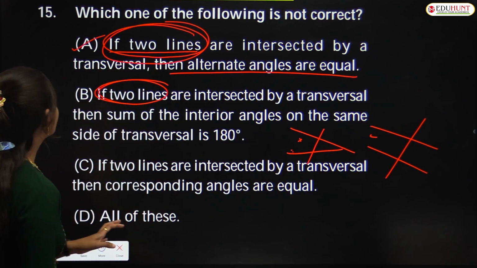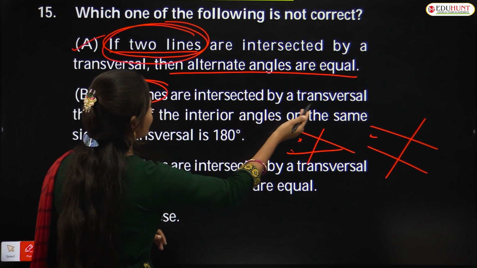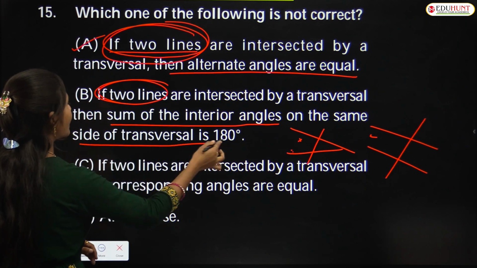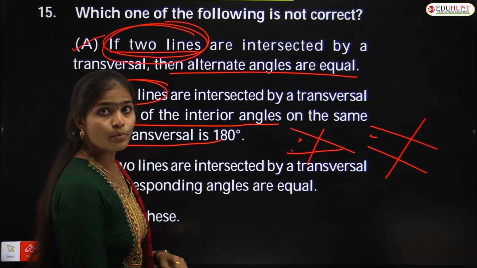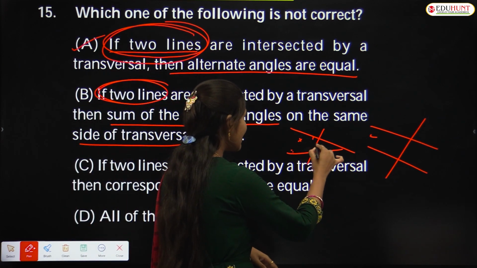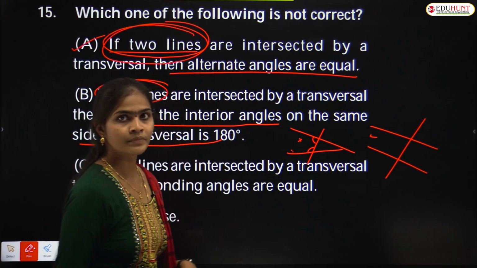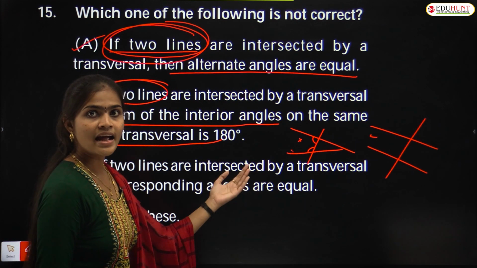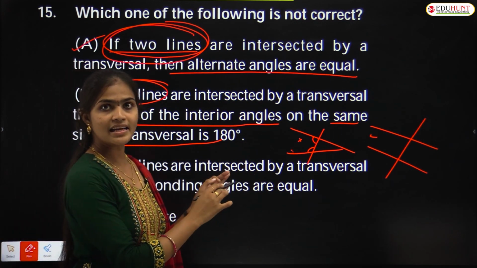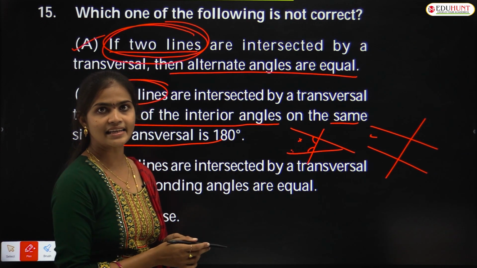Okay. So if two lines are intersected by a transversal, the sum of interior angles on the same side of the transversal. Sum of interior angles, which means the angles that they formed, and those two also form on the same side. So nothing but they are talking about co-interior angles.